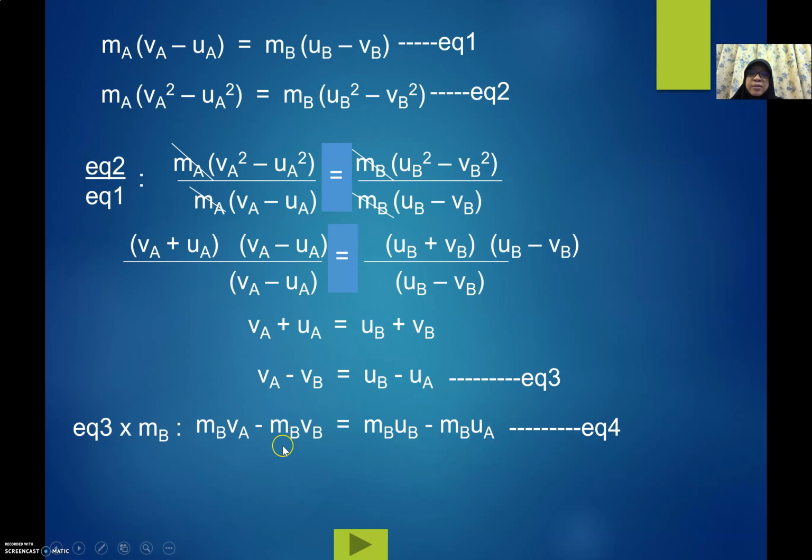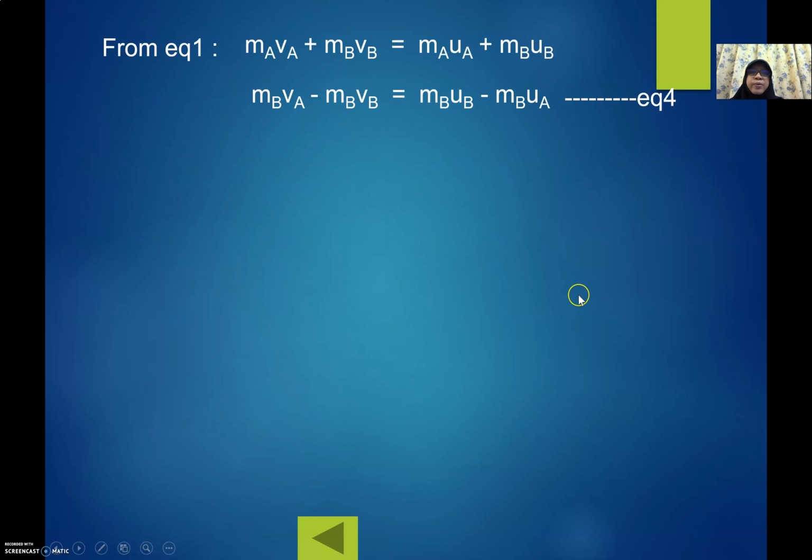So the expression here becomes equation 4. Next, equation 1 and equation 4, we are going to combine them. Remember, equation 1 comes from the principle of conservation of momentum.